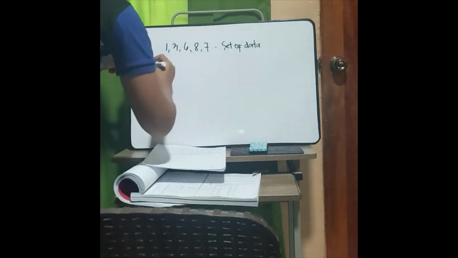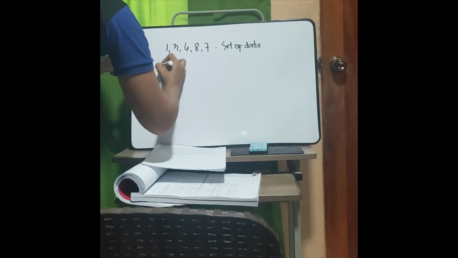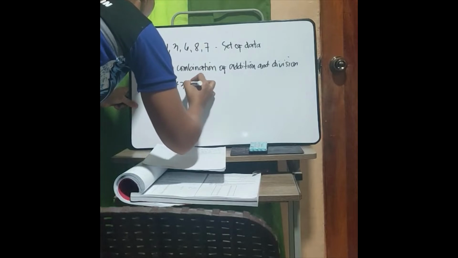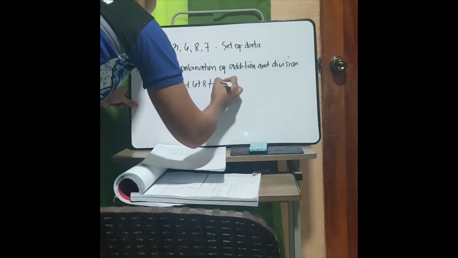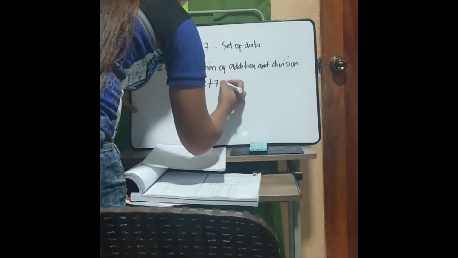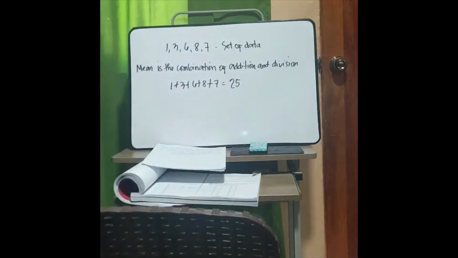However, mean is a combination of addition and division. So what we are going to do is to add all the data. We have here 1 plus 3 plus 6 plus 8 and also plus 7. Adding all of this data, we arrive at the sum of 25.